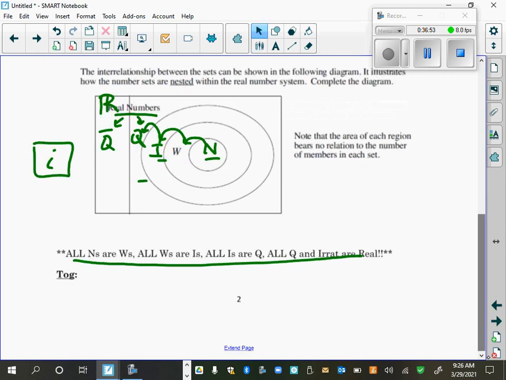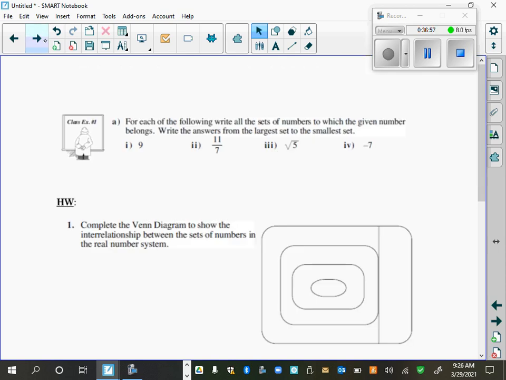Okay. So why do I ask you this? Well, the normal question will be, what number systems does this belong to? So when I ask you this question, I'm just going to say what number systems does it belong to?